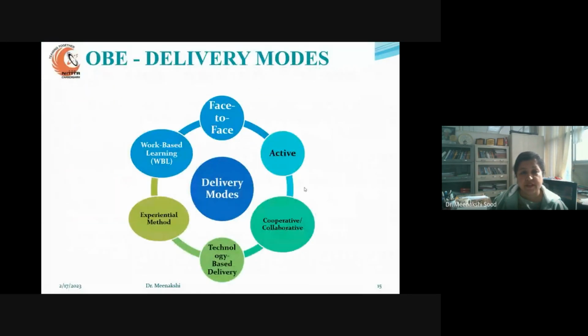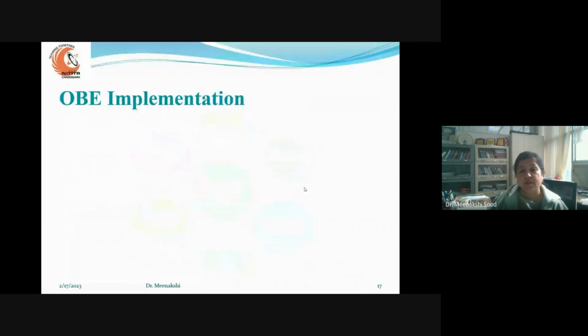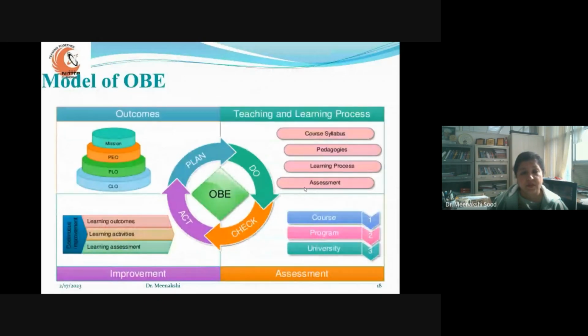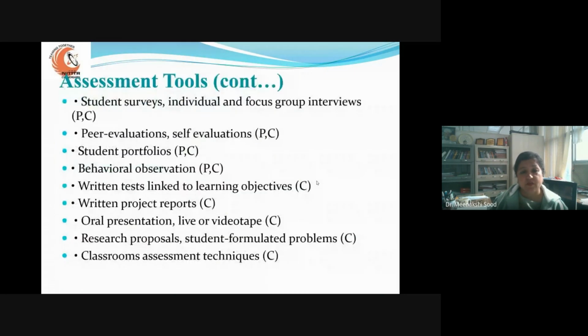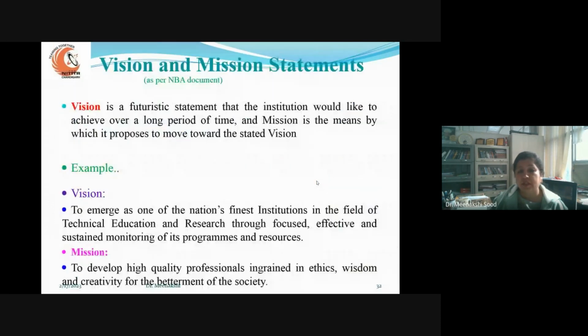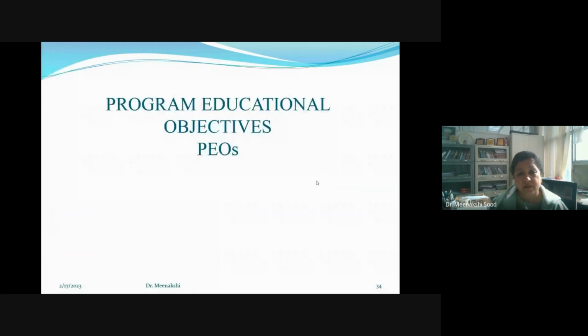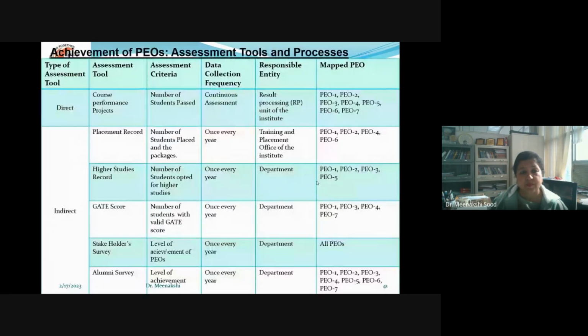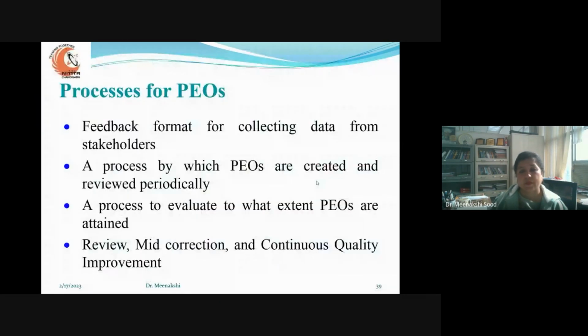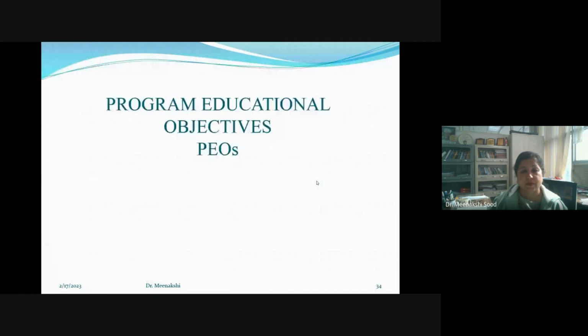So I will not go into these things. We have already discussed the model of OBE, and the details of this have also been covered by the various speakers. I would now directly come to the mapping and attainment mapping.